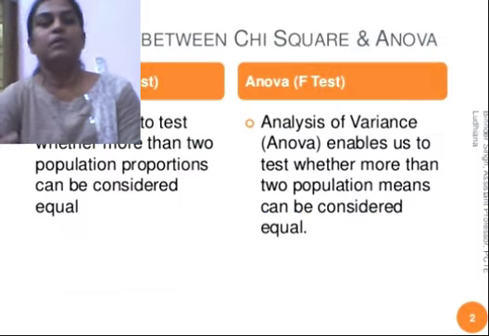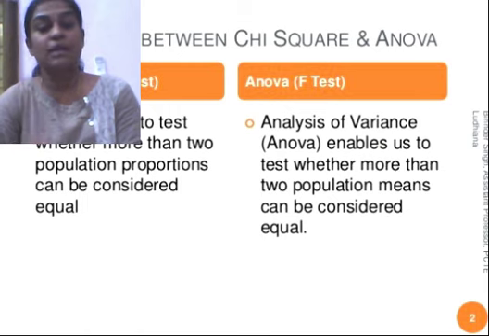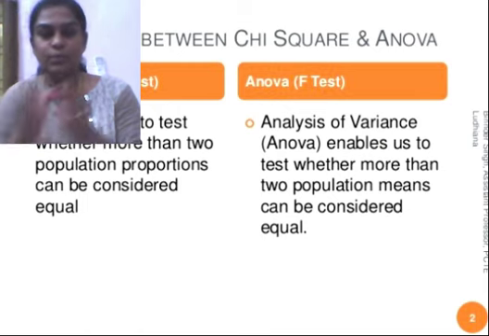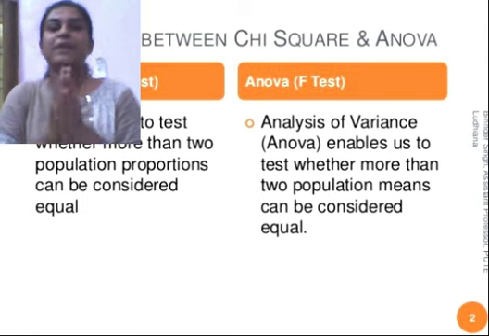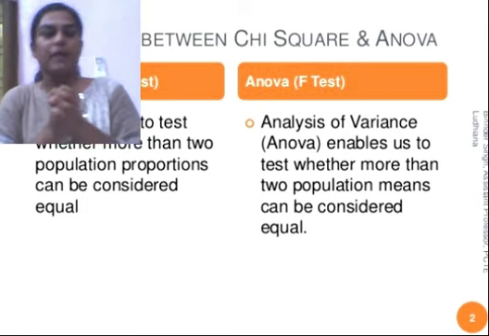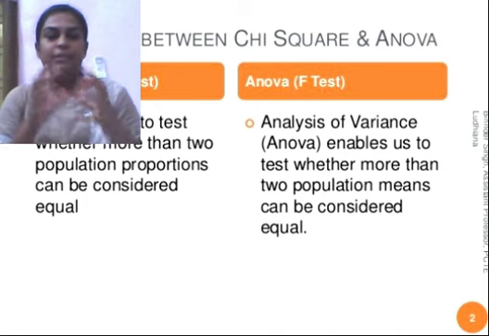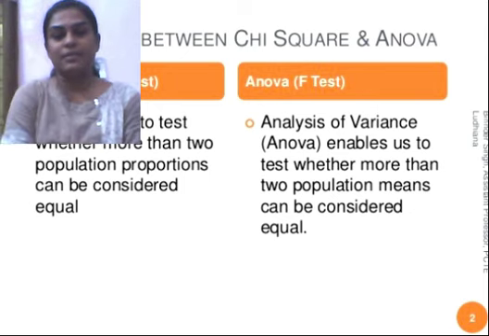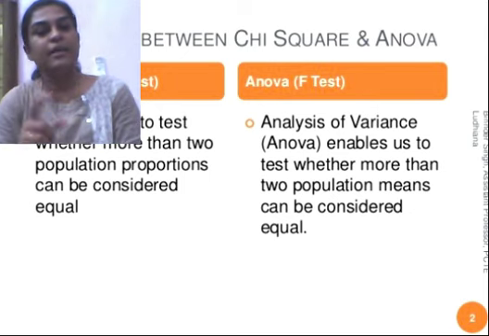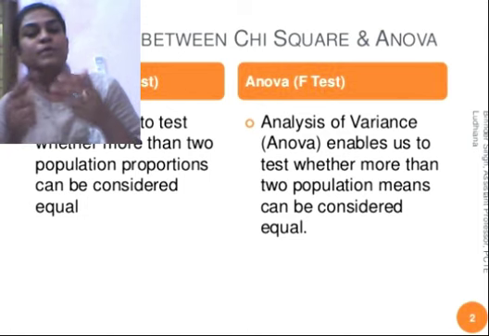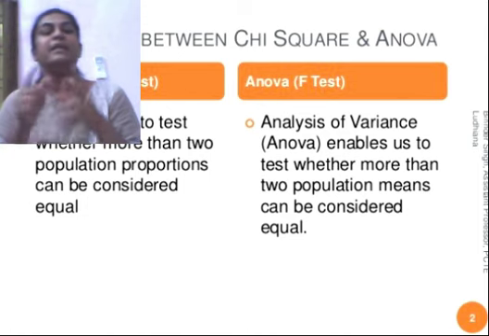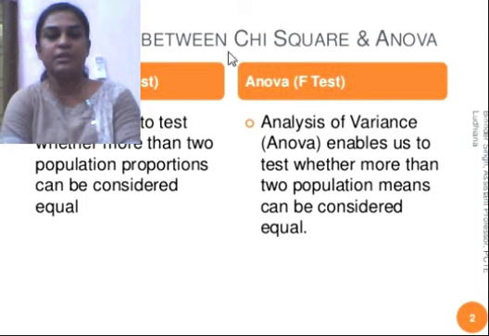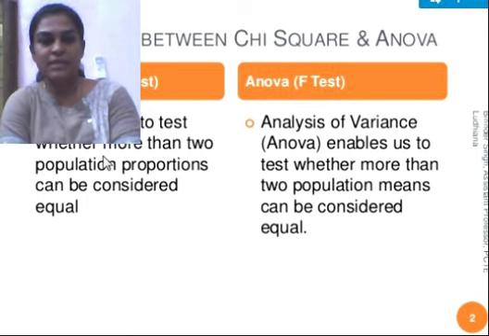After knowing brief information about the chi-square test and also the ANOVA test, let me tell you the major difference between chi-square and ANOVA. The chi-square test enables us to test more than 2 population proportions, just remember this point.